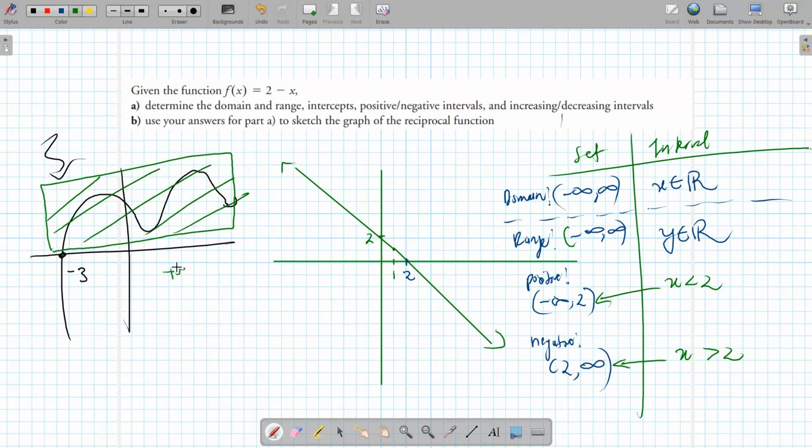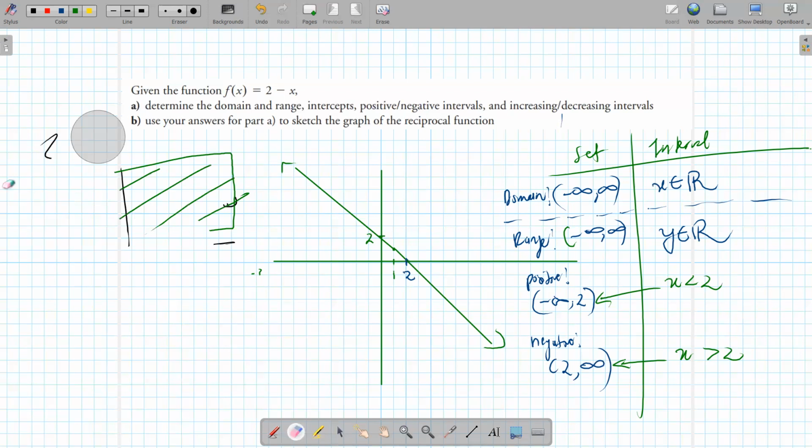So it's positive when x is greater than -3. As you move to the right of -3, the function's positive. And it's negative when x is less than -3. Does that make sense? You just look at the graph and you see what's positive, what's negative, and the intervals are going to be in terms of x.